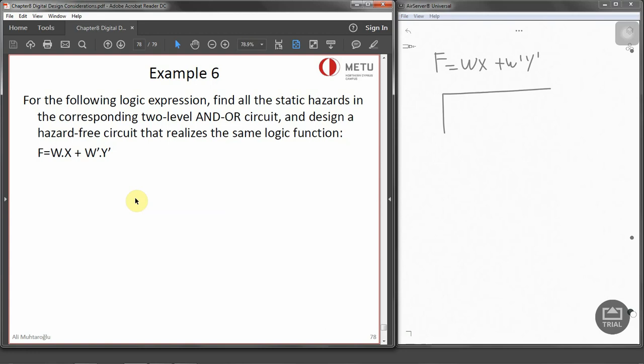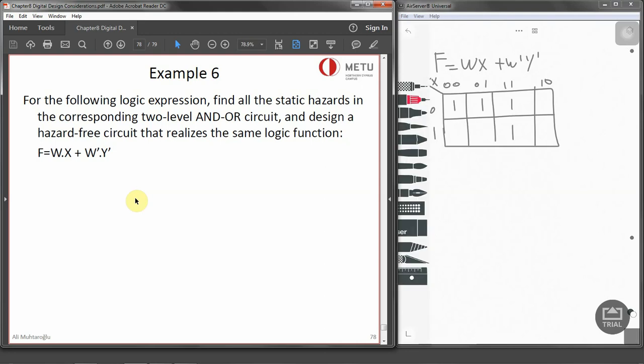The K-map shows us 0, 0, 0, 1, 1, 1, 1, 0, 0, 1, where this is y, and this is w and x. So we have wx, which is 1 and 1, and we have w prime y prime, which is that one.